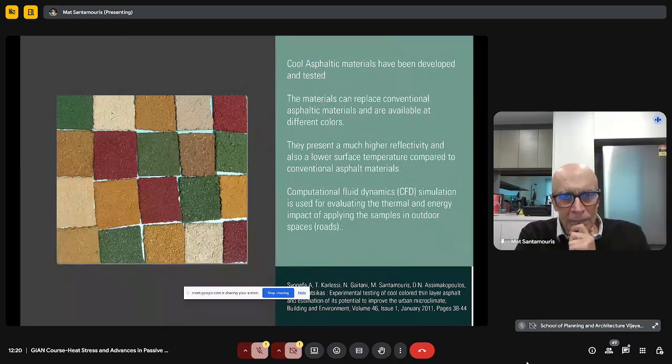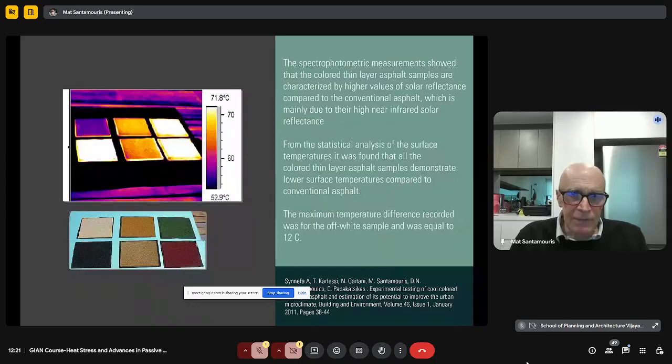We developed these materials 15 years ago by using infrared reflecting pigments in the mass of these materials, and you can see, for example, the performance. You see the visual image of these materials, and you see their temperature.